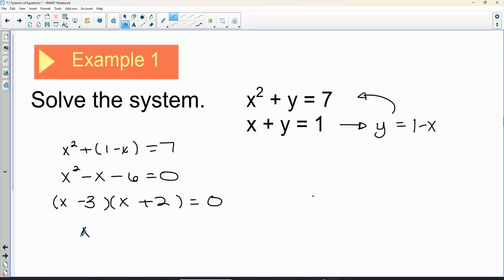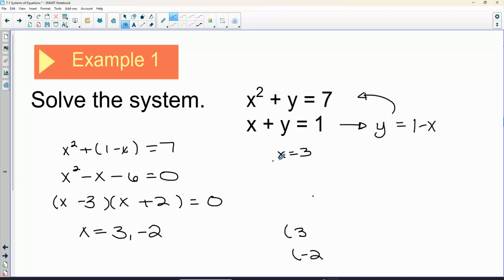So if I set those equal to 0, I get 3 and negative 2. Now, that is not an ordered pair. What that tells me is there are 2 points. In one of them, the x is 3, and in the other, the x is negative 2. So I have to find the y for each of those.